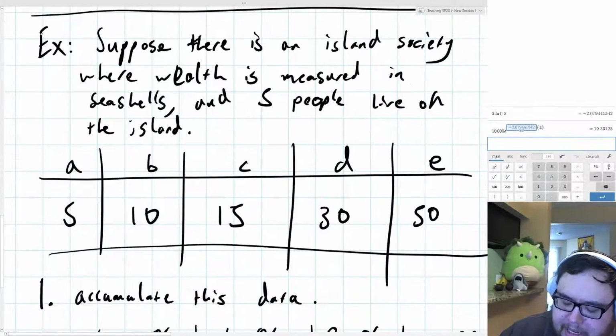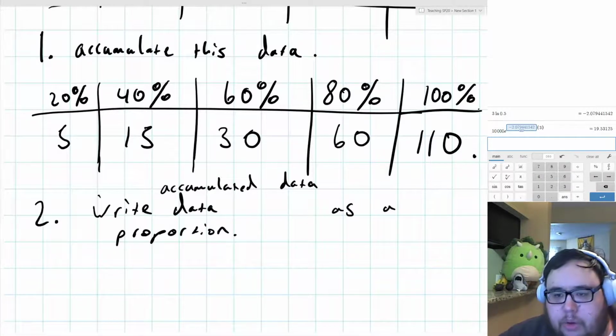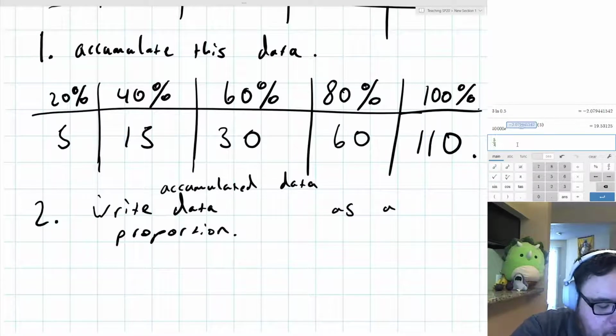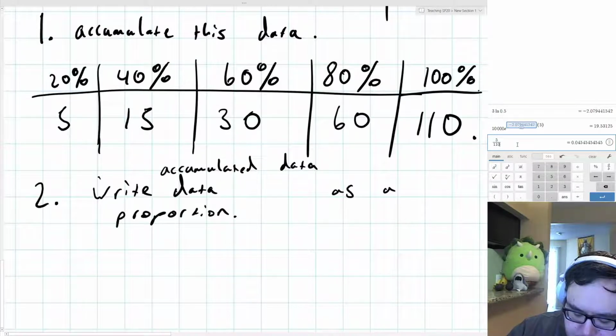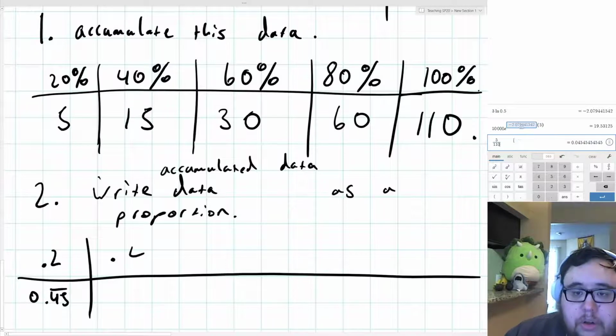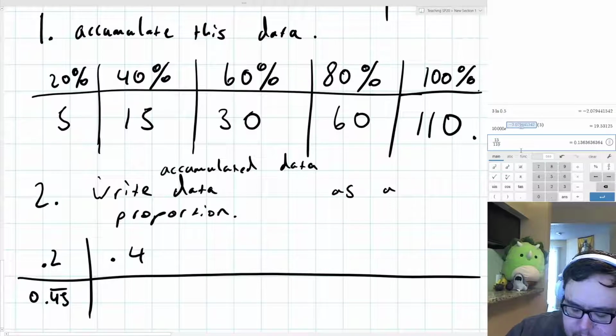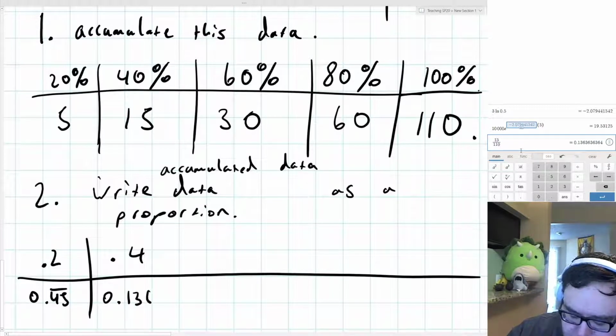Okay, so basically for each of these numbers, 5, 15, 30, 60, 110, we're going to divide them by the total, right? So 5 over 110 is 0.045 repeating. Sorry, this was not 0.45, this was 0.045. For 0.4, we're going to have 15 divided by 110, which is 0.136 repeating.